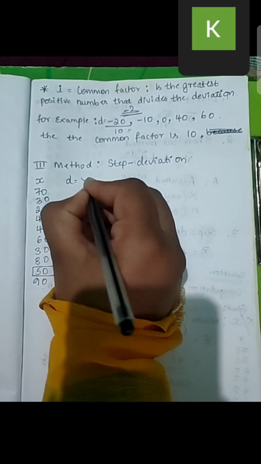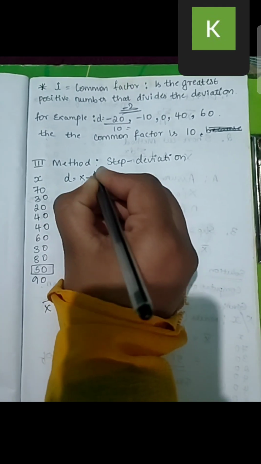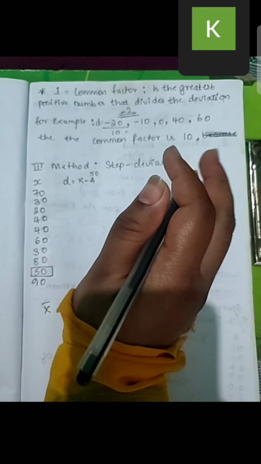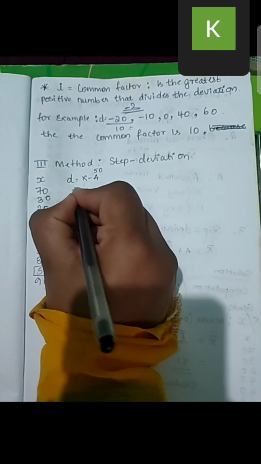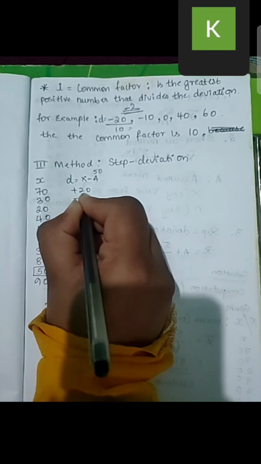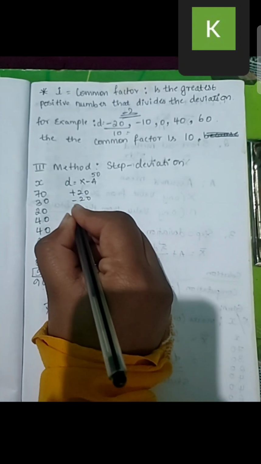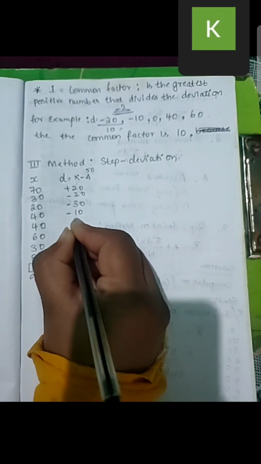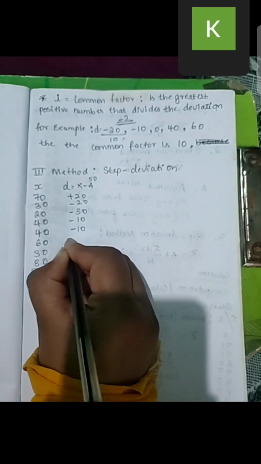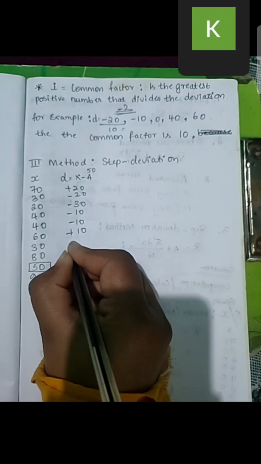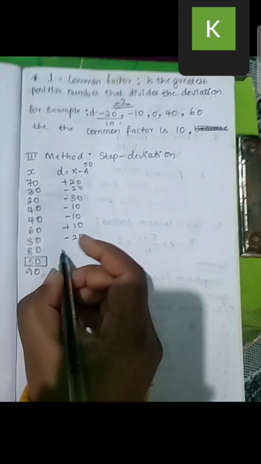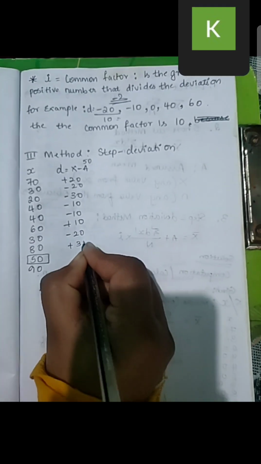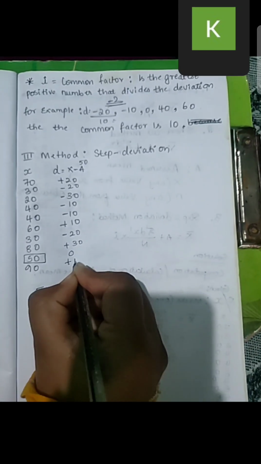We'll go with d is equal to x minus a. My a is 50. So it's plus 20, minus 20, minus 30, minus 10, minus 10, plus 10, minus 20, plus 30, 0 and plus 40.